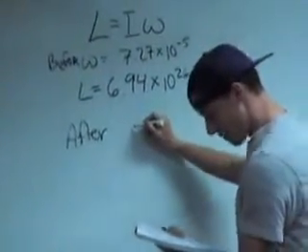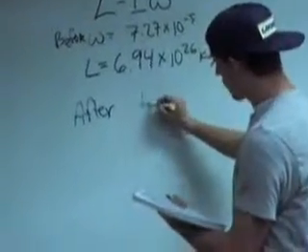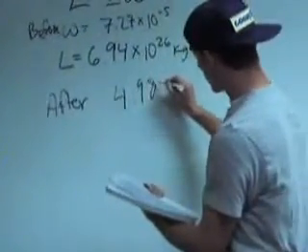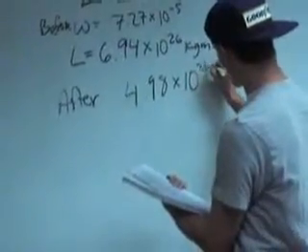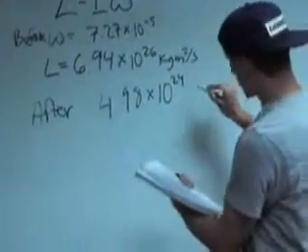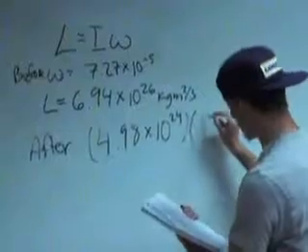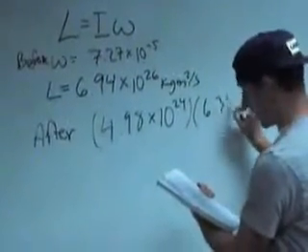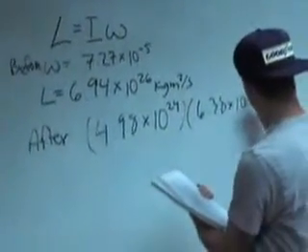So, as the mass of the Earth changes to 4.98 times 10 to the 24th, we do the same thing, times the radius, which is 6.38 times 10 to the 5th.